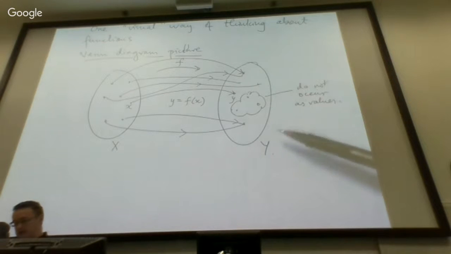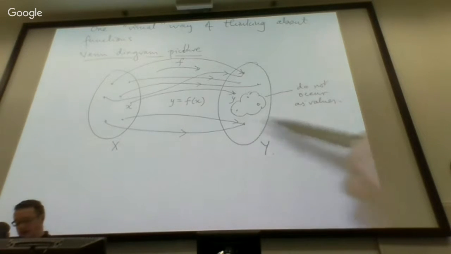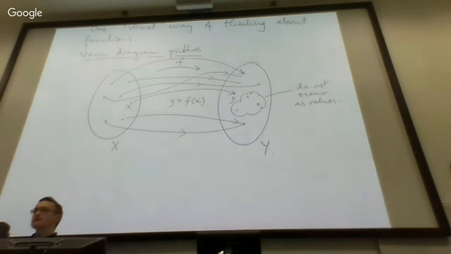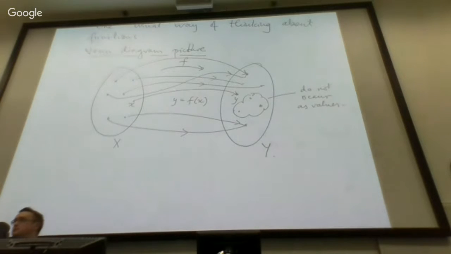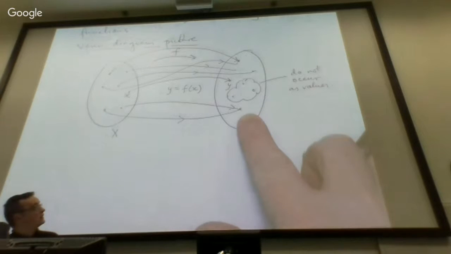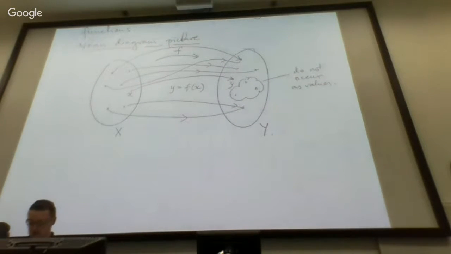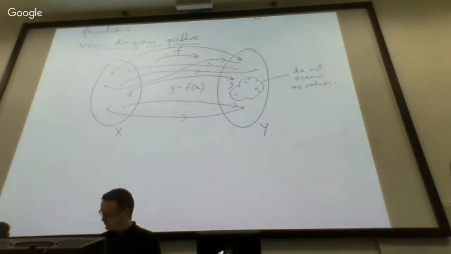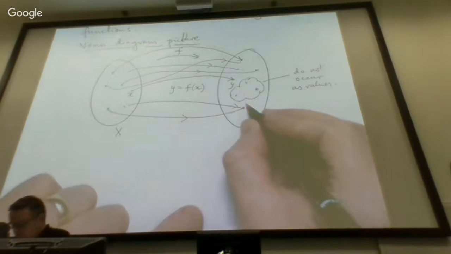And also, for some elements in the codomain, you've got more than one arrow arriving. That's okay as well. Some elements of the codomain can be the value for two or many more different arguments in the domain. So that's allowed. That's not breaking our definition of a function.